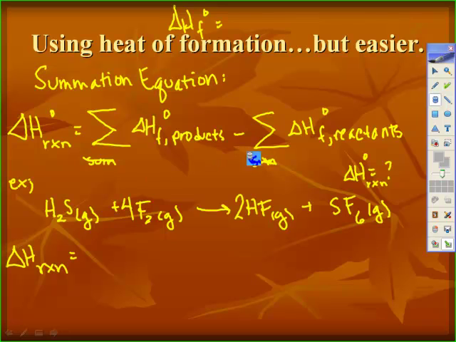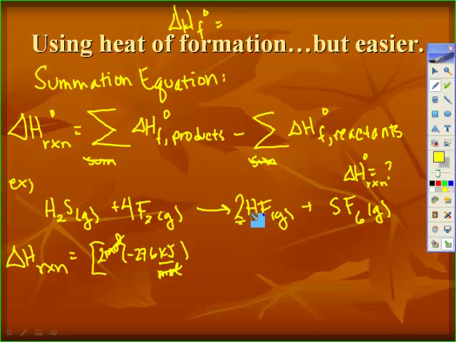So this H2S is a reactant. So I want products, which means I'm sticking over to this side. So the sum of my products, I'm going to put it in brackets. My delta H of F for HF, if I look on my table, what I'm seeing is negative 276 kilojoules per mole. And then just like you used to fix it in your equation, there are 2 moles indicated in this expression. So we're going to multiply that by 2 so we can express the number of moles that were actually made.